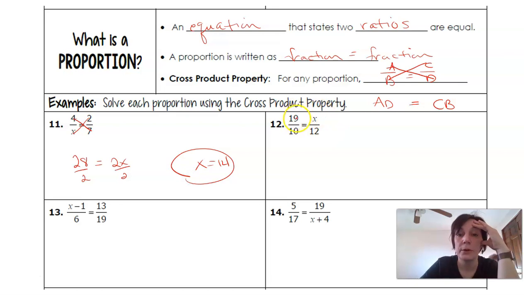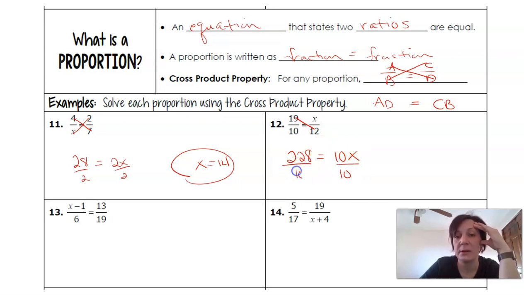Over here, I don't know what 19 times 12 is. 12 times 20 is 240 minus 12, 228. I don't know if that's right. 10x. Okay, finish this out.